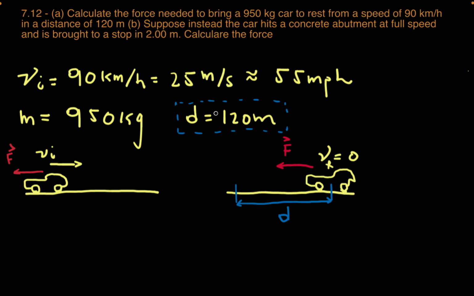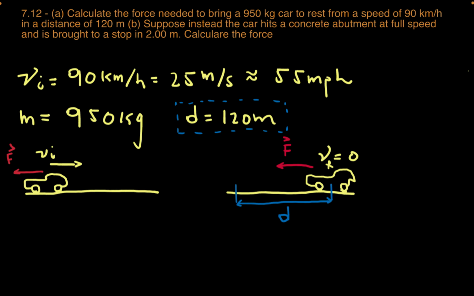So now we go ahead and try to solve this problem. I'm going to use this problem to do two things. One, as an example of how to compute the kinetic energy of an object, and then how to do a work calculation using kinetic energy. So let's start with the kinetic energy.